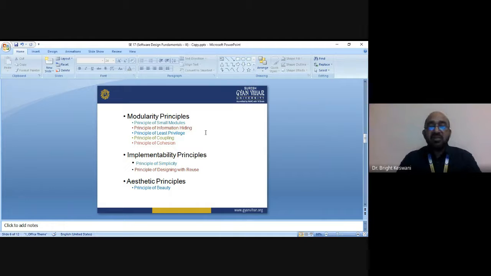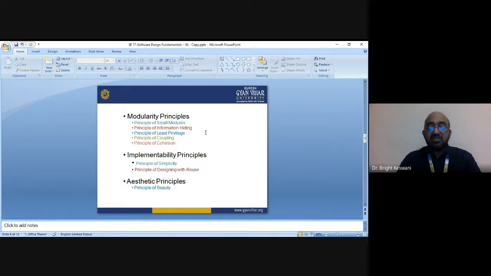Then implementability related principles. Let us discuss the implementability related principles. Software development is expensive and usually done on a budget and a schedule. Designs that are easier to implement will usually be cheaper and faster to implement as well.